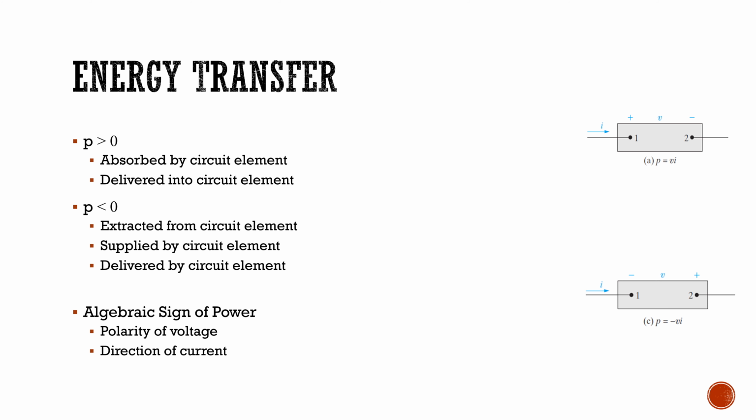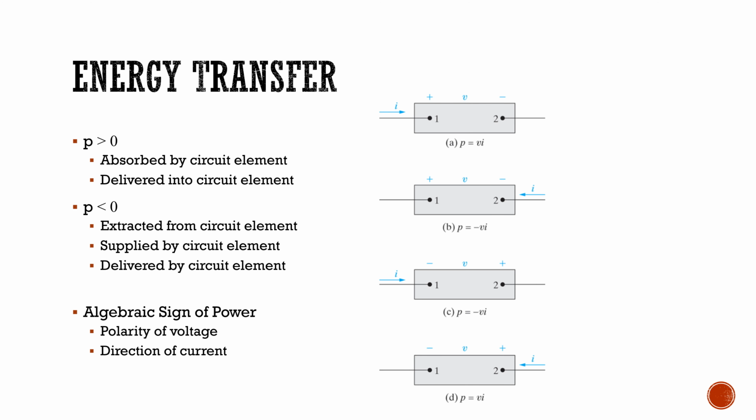To determine the algebraic sign of power, we must know the polarity of voltage and the direction of current. Let's take a look at some basic circuit elements which have different voltage polarities and current directions.